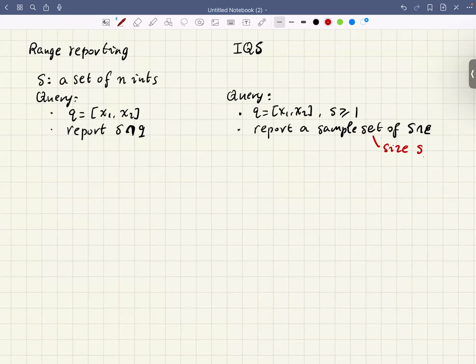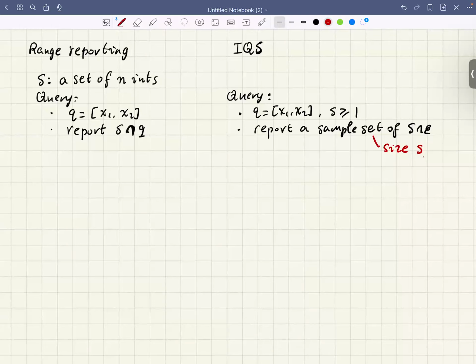So basically it says, okay, the query result is too big. We cannot afford, and probably do not need, all the elements in the entire result. All we need is just some good sample. It has to be reasonable sampling, right? You cannot say I return arbitrary S elements here.